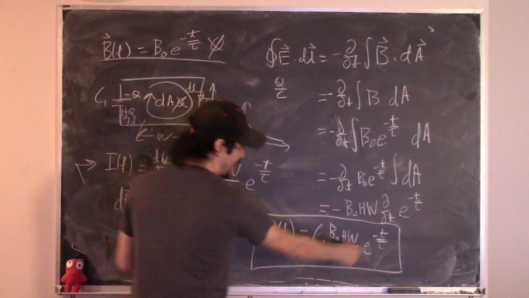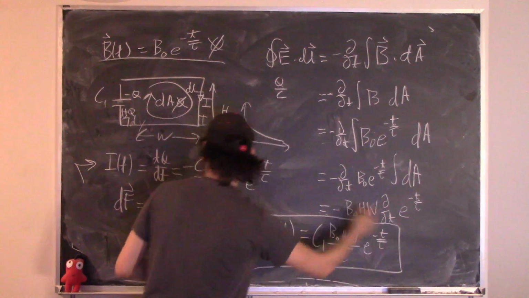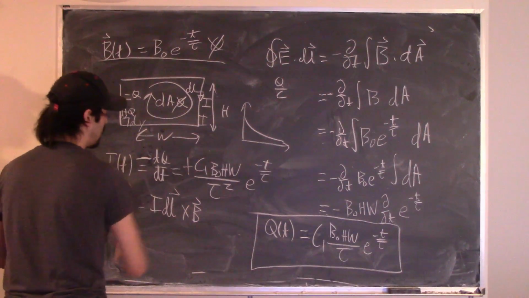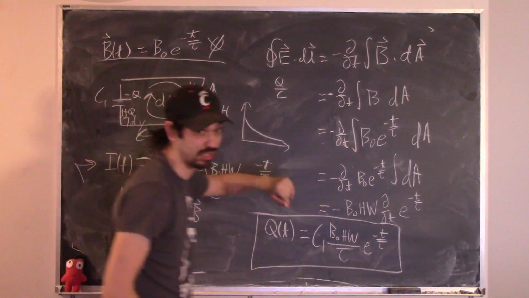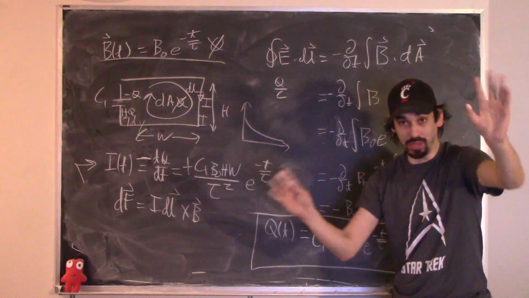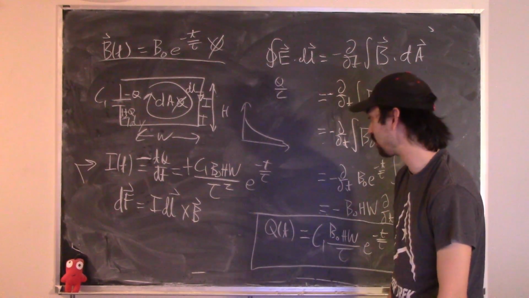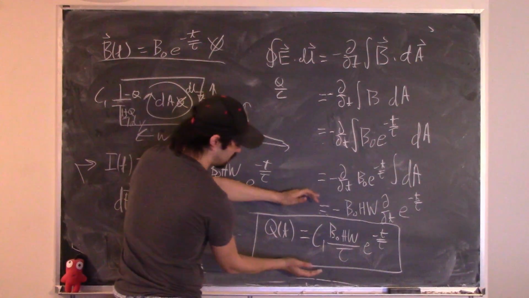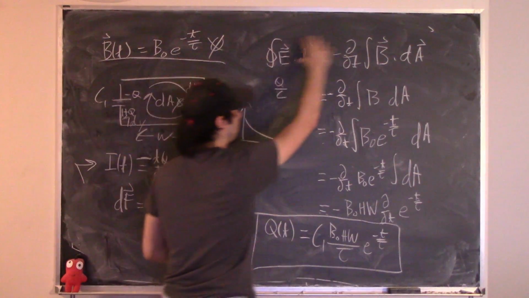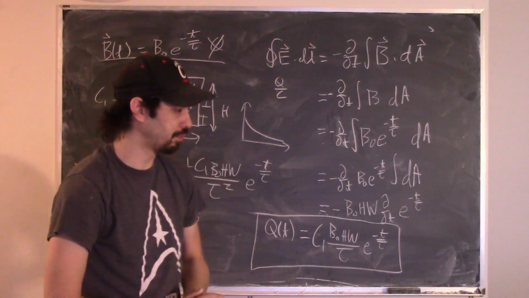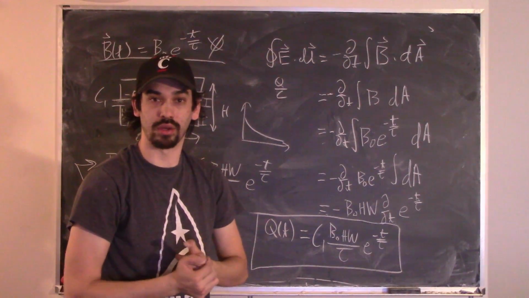But when I take a time derivative of this, I get an extra negative sign because I had a negative sign up here, which ultimately means that I need a negative sign there to make this positive in the end. So probably a lot to follow. Like I said, don't worry about this. This piece is the most important piece, and that just follows from the things that we've done already.